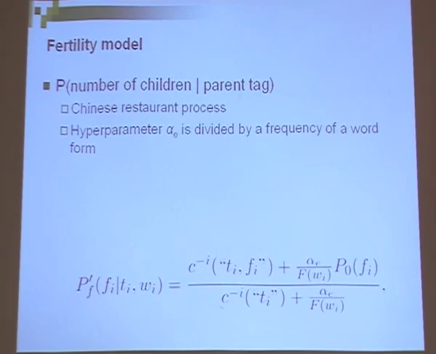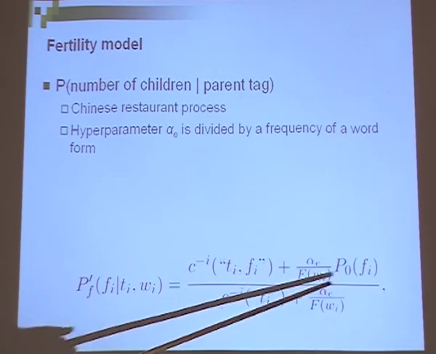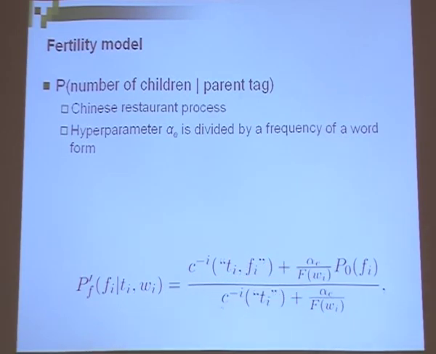For the fertility model, it's similar. I generate the number of children given the part-of-speech tag. It's a bit more complicated here. I use the prior probability P0, which says that the lower fertilities are more probable than higher fertilities.